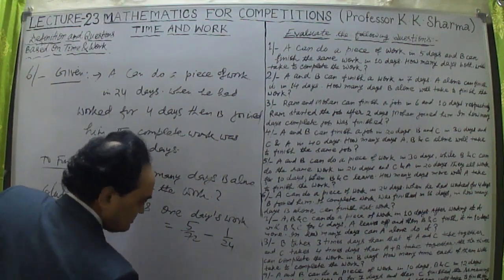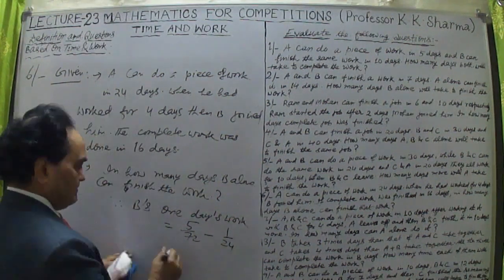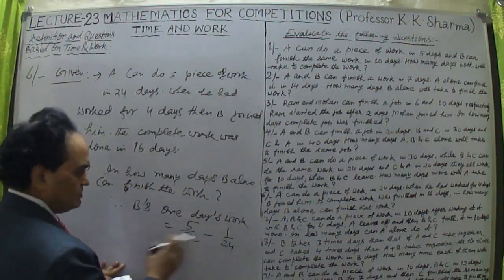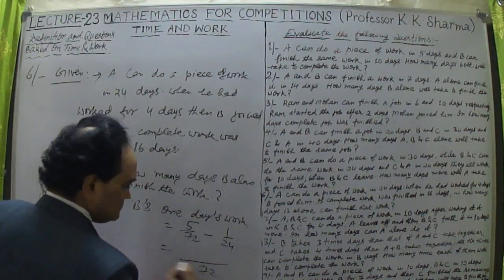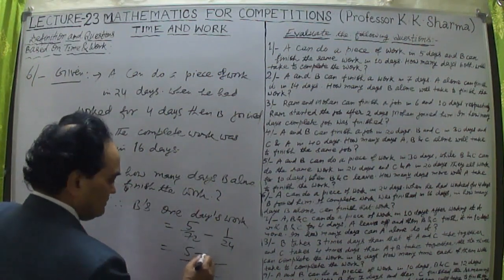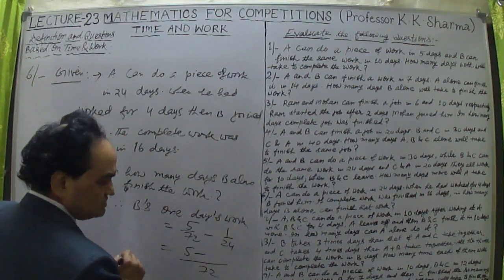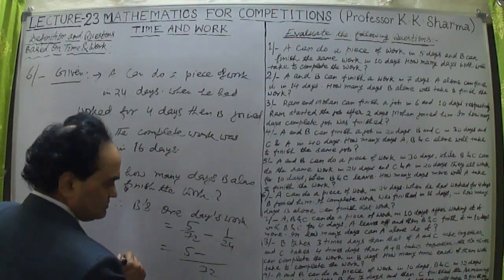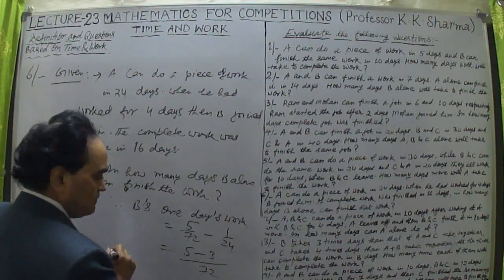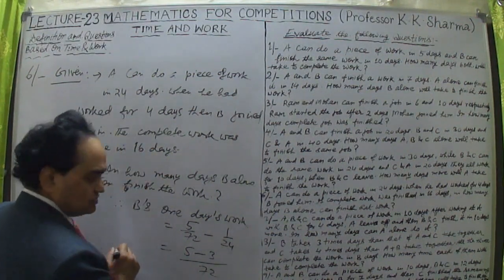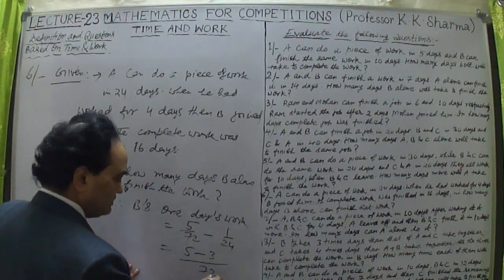And this 1 by 24 was A's rate of work, or 1 day's work. Now let me calculate B's rate of work. 72 is the LCM, so this is 5 minus 3, right, over 72.